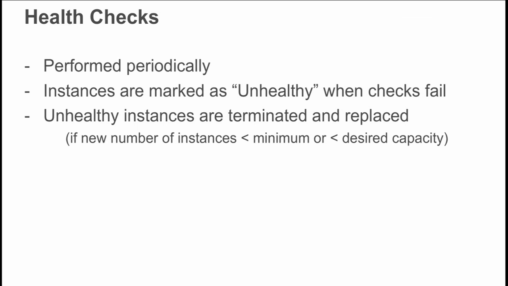Those health checks are performed periodically by the autoscaling group. By default, all of the instances are perceived healthy, but when one of the checks fails, the instances are marked as unhealthy and basically placed in a queue for termination. And all of the unhealthy instances are then terminated and replaced, so you'll see another pending instance coming up.